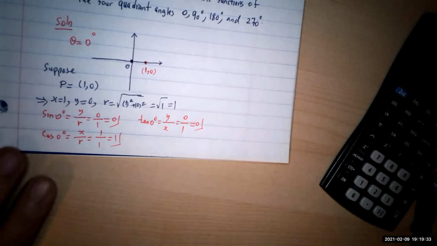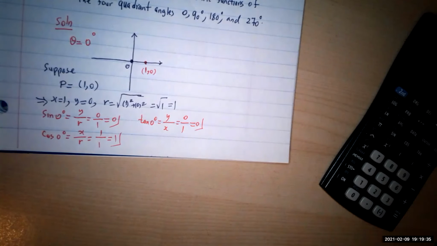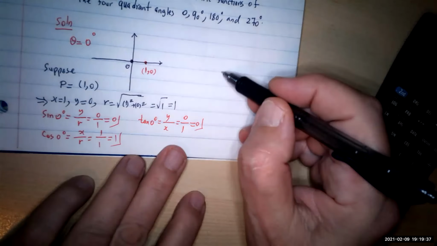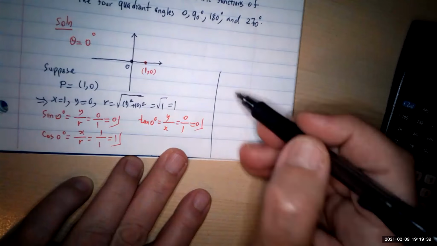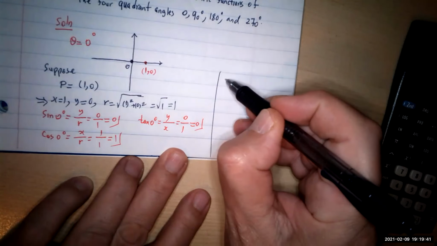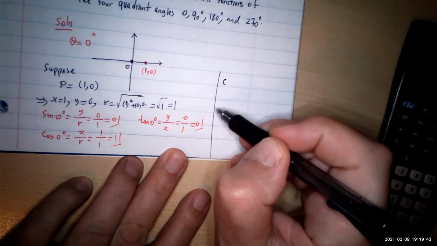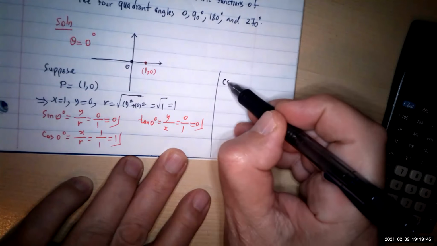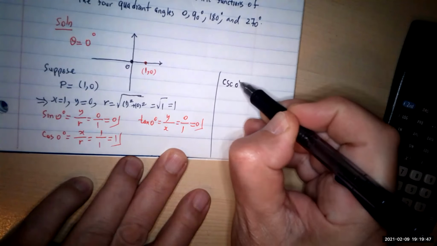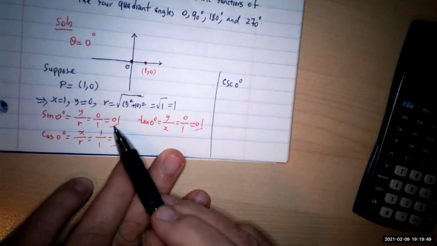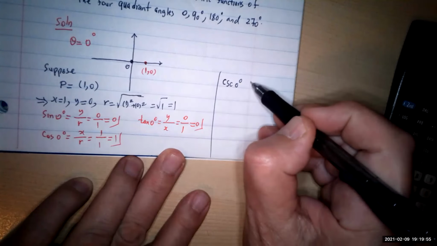Then use the reciprocal to get the other ones. Any question? So let's see if the reciprocal exists. We go with the cosecant. The cosecant of 0 is undefined because the inverse of 0 does not exist.